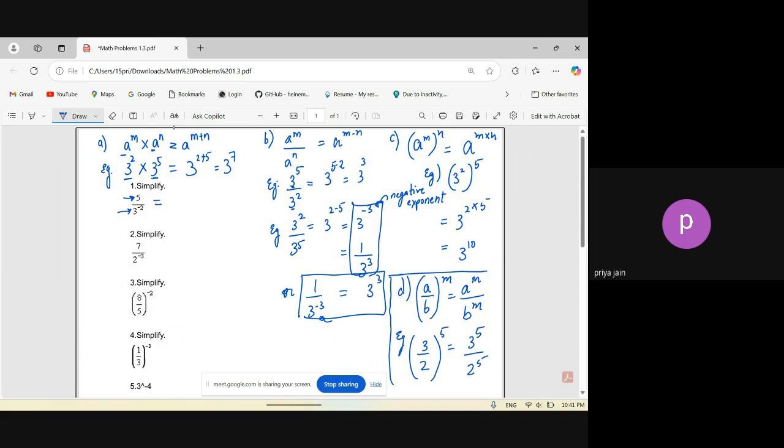So what I would do is 5 over 3 to the negative 2. Now I know if it's a negative exponent, I have to bring it over. So I can bring it over to the top as 5 times 3 squared. So 5 times 3 squared is 3 times 3.